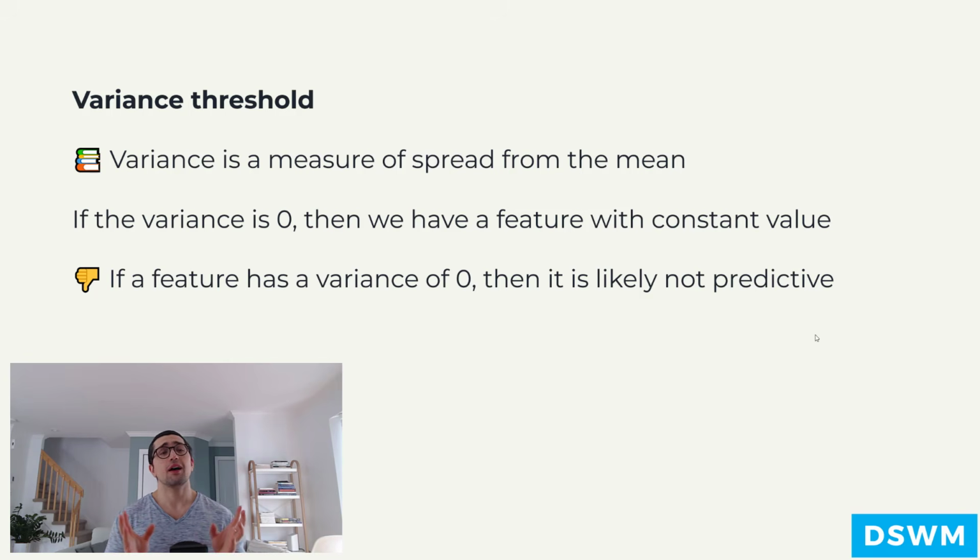But keep in mind that using the variance is in a way the naive method, because you're only seeing how spread out your data is for that feature. So with all that in mind, let's go back to the code and implement that method.